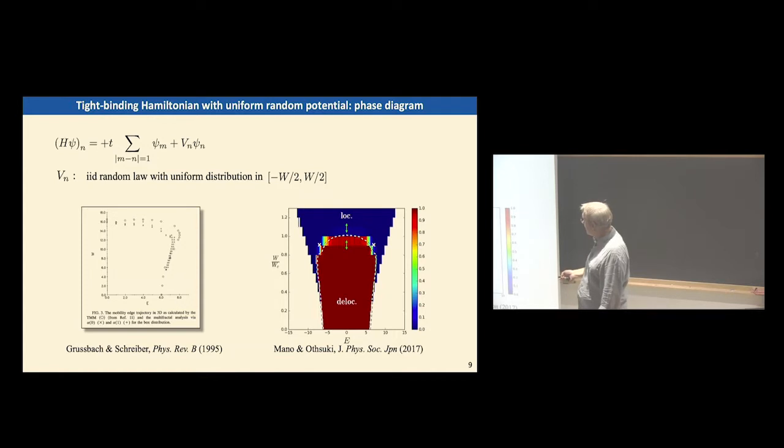There is a region here of more and more localized eigenfunctions, up to a certain critical value of the disorder strength, for which everything becomes localized.